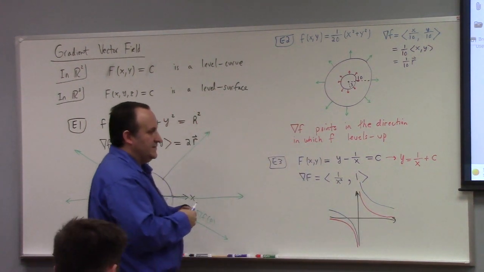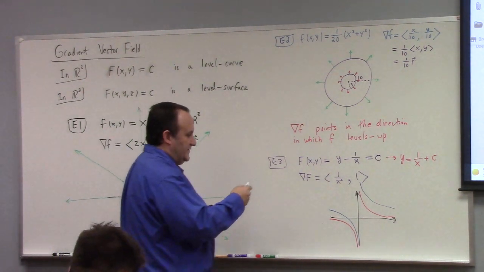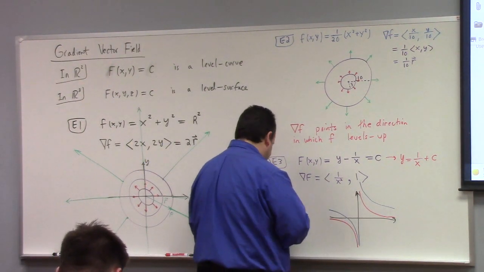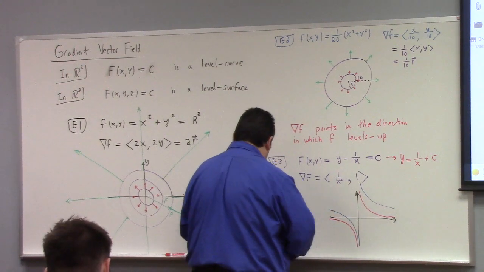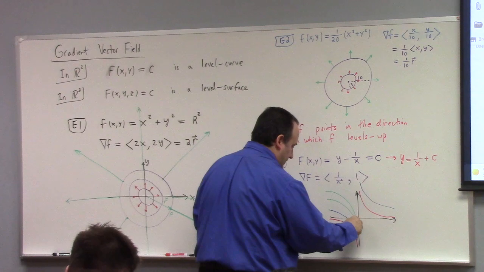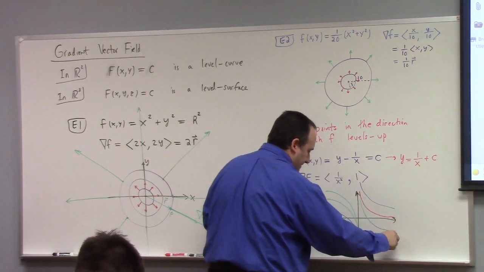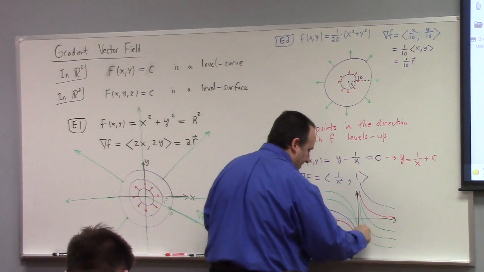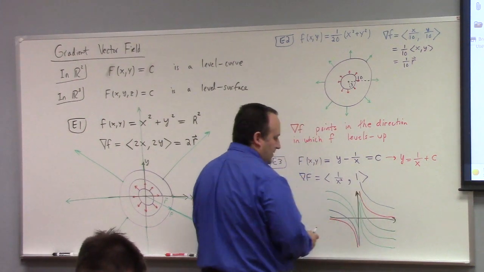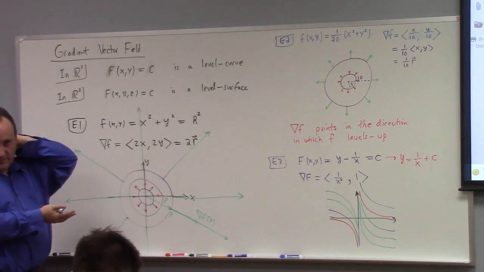How about c equals to, and this kind of just continues on, right? See, there's a whole family of these guys, just like this. And they all kind of get drawn in down in there, and these ones go like that. So there's just a whole family of stacked hyperbolas, right?